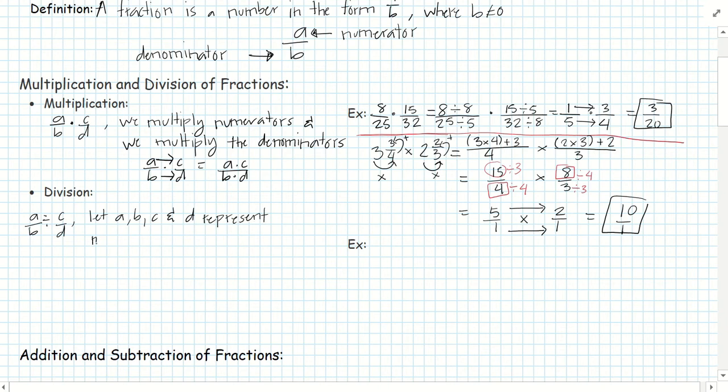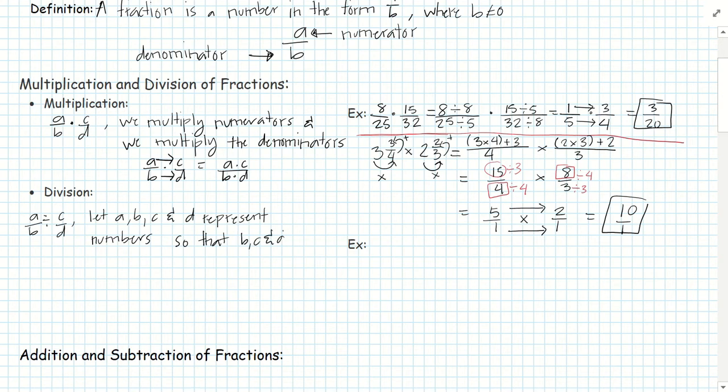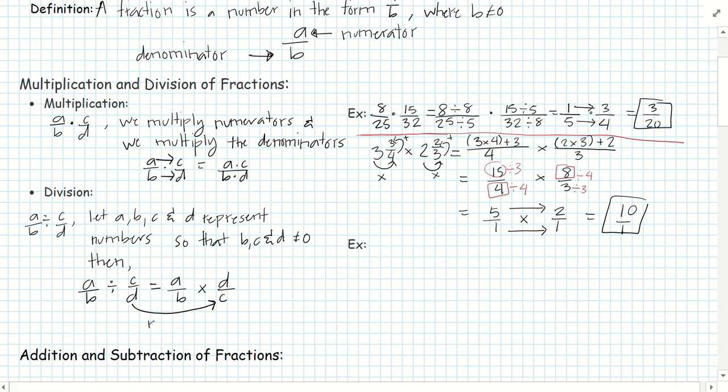numbers so that B and D do not equal 0, then when we divide A over B by C over D, this is equal to A over B times D over C. So what's happening is that C over D is switching to its reciprocal.